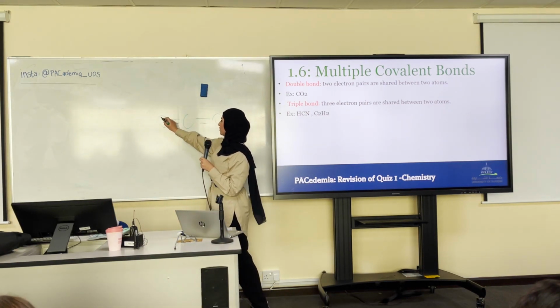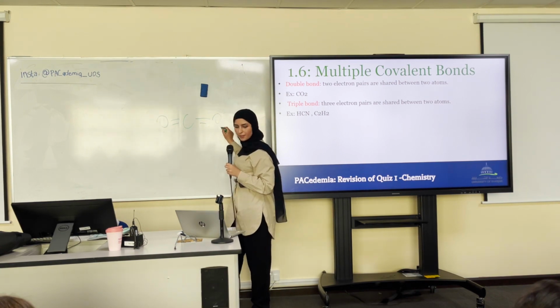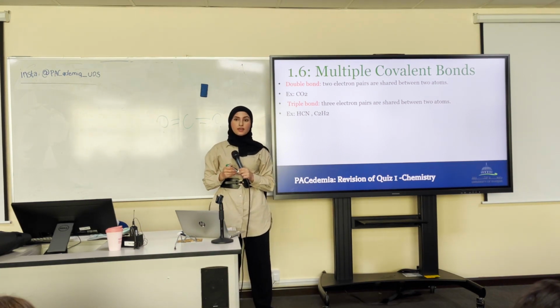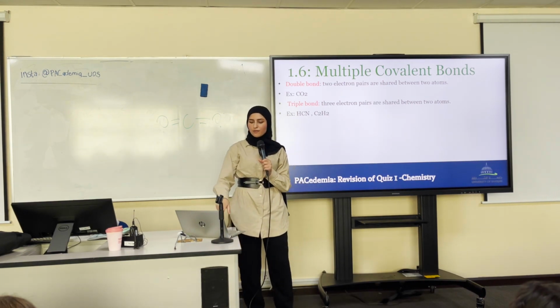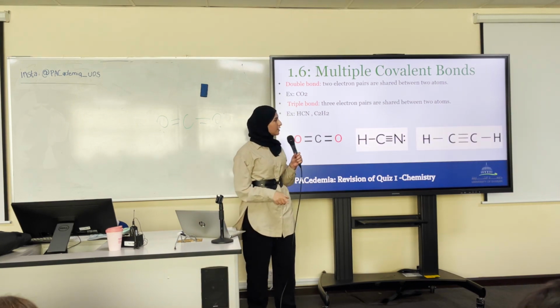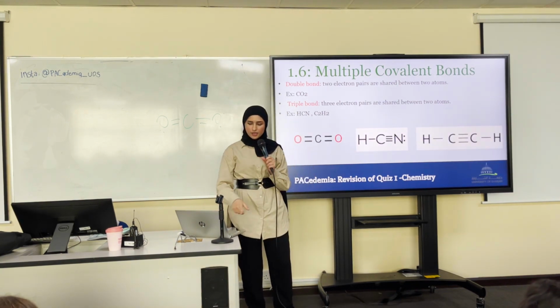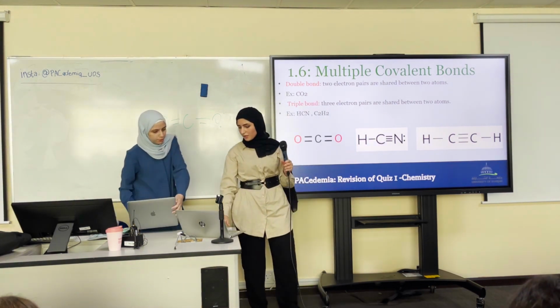This is carbon dioxide. We have HCN. The C will form a triple bond between C and N, and then we also have C2H2. So these are the examples given here. This is a double bond, this is a triple bond, this is a triple bond.